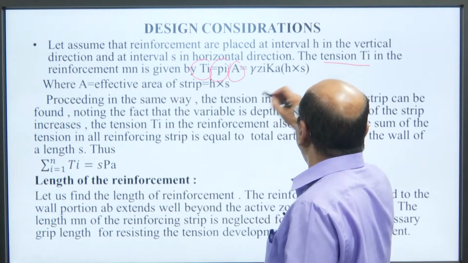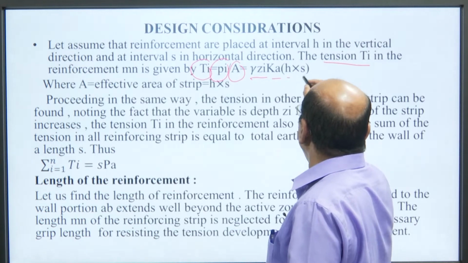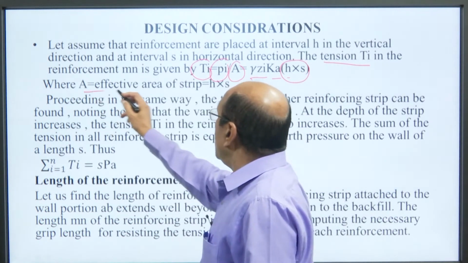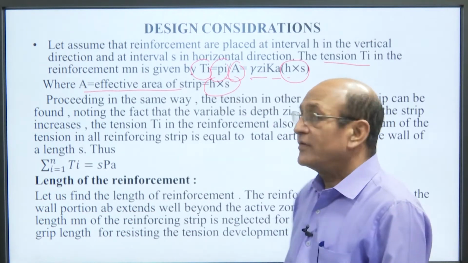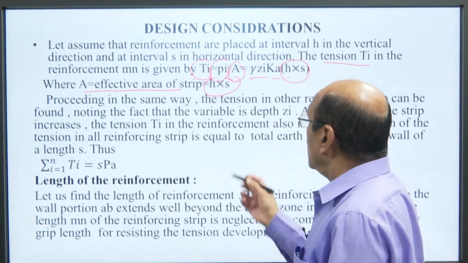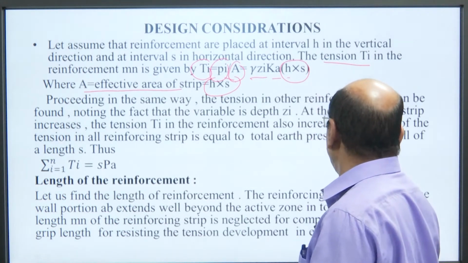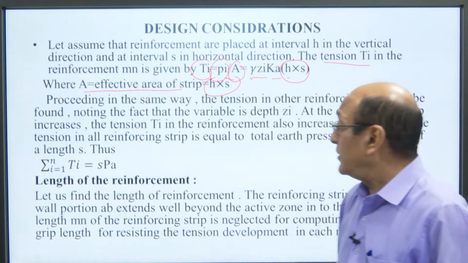So, this could be written as gamma Z_i K_A h into S, where h into S is the effective area of a strip. So, proceeding in the same way, the tension in the other reinforcing strips can be found.